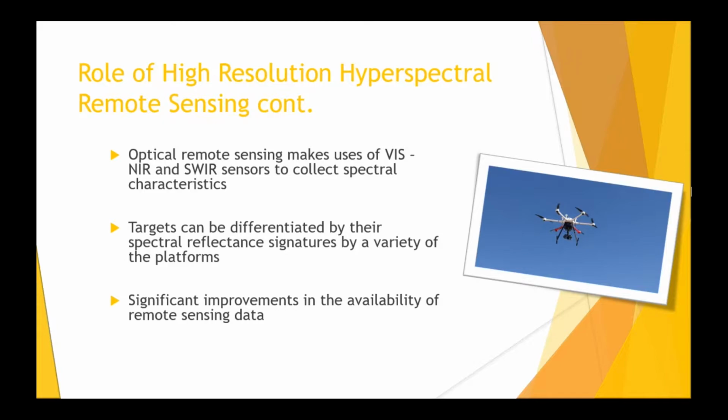It's important to understand that with this information, targets can be differentiated by their spectral reflected signatures with these differing platforms, such as the drone picture on our right, which is one of our instruments that is being placed on a drone.